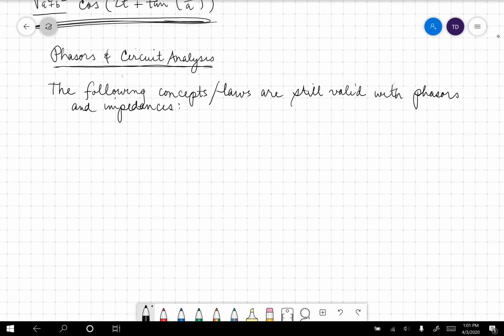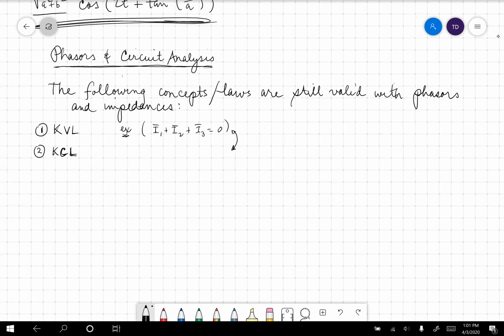So let's start with number 1, KVL. That still holds, still true. Number 2, KCL, still true. Just examples of these: I1 phasor plus I2 phasor plus I3 phasor equals 0. That's an example. Actually, vice versa, switch these around.